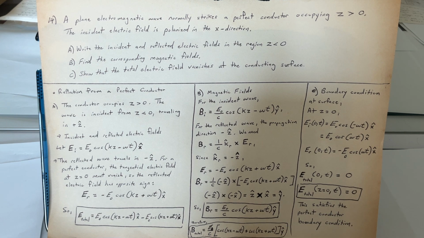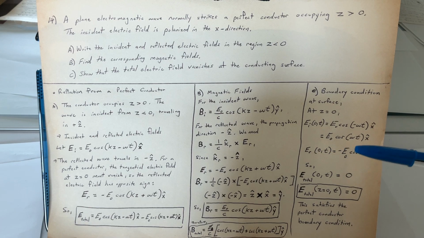Okay, and moving along to part C, the boundary condition. Show that the total electric field vanishes at the conducting surface. So at z equals 0, E sub I of (0, t) is E naught cosine of negative omega t, x hat, which equals E naught cosine omega t x hat.